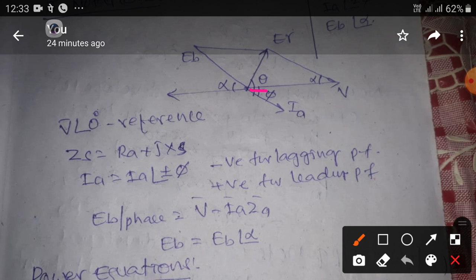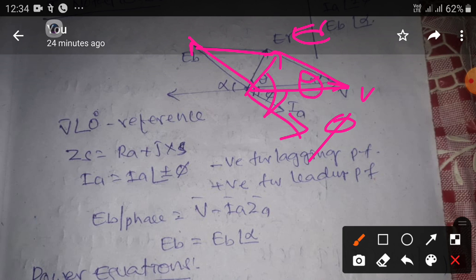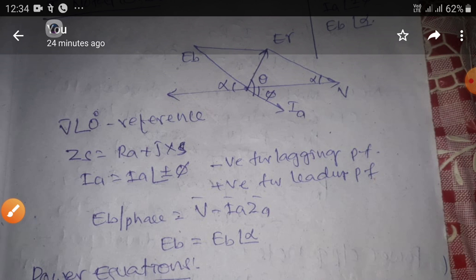This is the supply voltage V, and this is EB, and the result of these is ER, and correspondingly the armature current. This is lagged by V by some angle phi, and ER is lagged by the current by angle theta, and EB goes at angle alpha. So we have seen this in the last class.